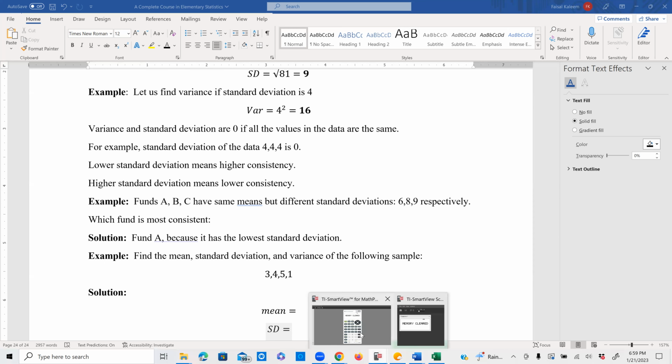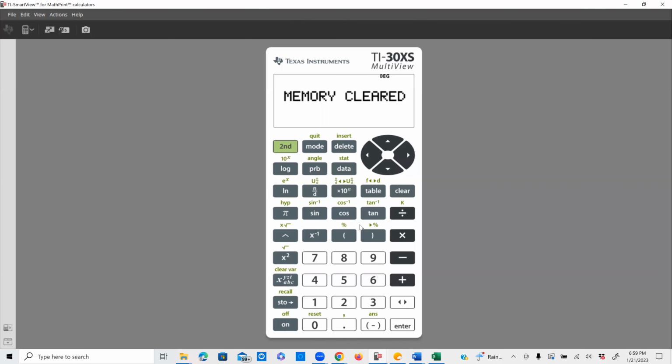So what we do is you will hit the data button and you will hit 3, enter, 4, enter, 5, enter, and 1. Remember the values were 3, 4, 5, and 1. You can put them in any order.